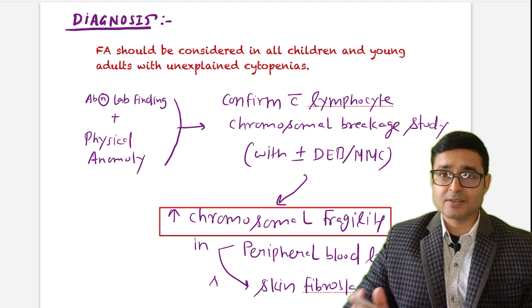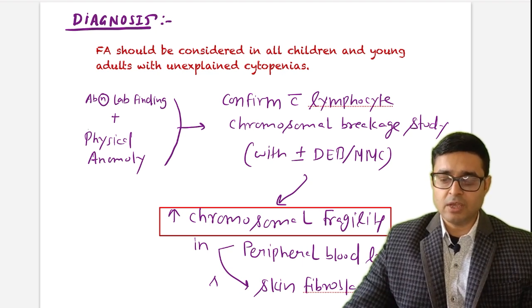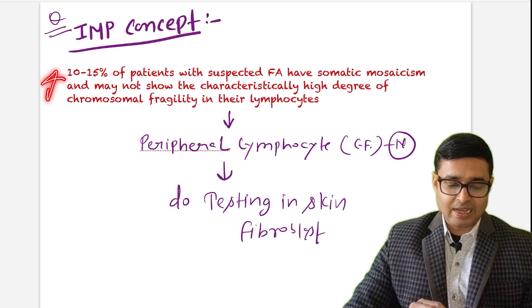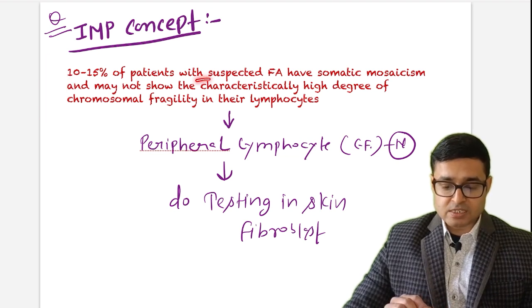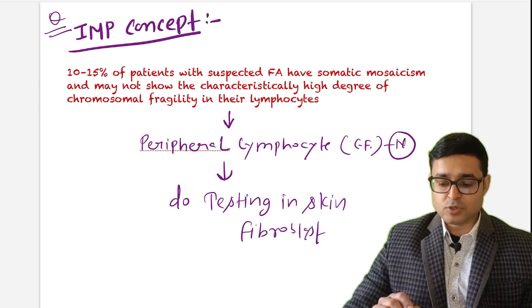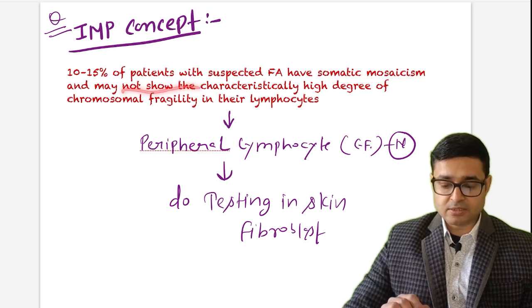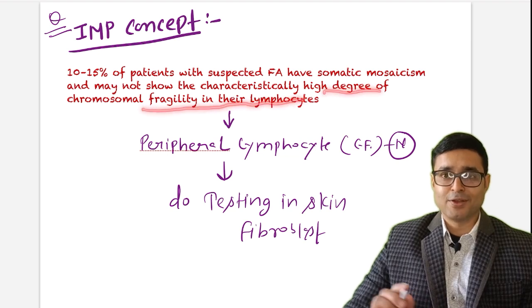So this slide is very important as far as the diagnosis of Fanconi anemia is concerned. Important concept. Just see this line, a golden statement. 10 to 15% of patients with suspected Fanconi anemia have somatic mosaicism and may not show the characteristic high degree of chromosomal fragility in their lymphocytes.